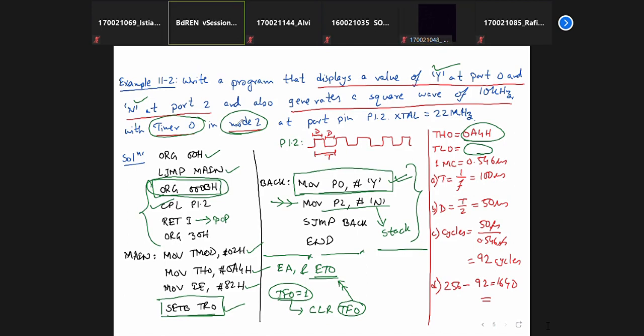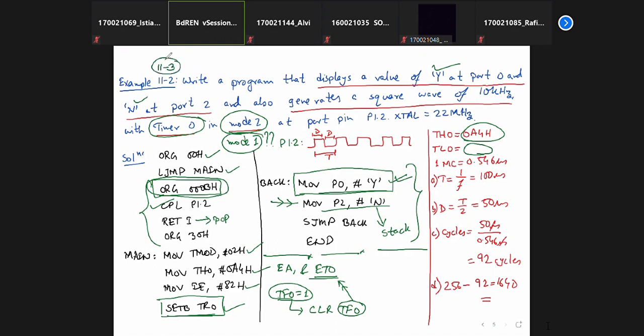All right, so this was for mode 2. So what will happen if we have mode 1? That is the question, because mode 1 is not auto reload. We need to load the values in TH and TL once again in mode 1. The answer you will find in example 11.3, which is also very easy.